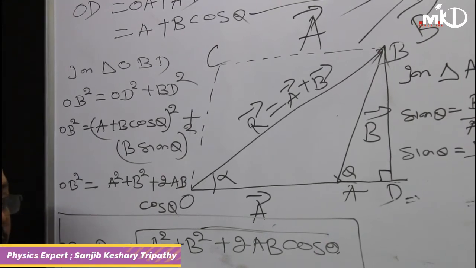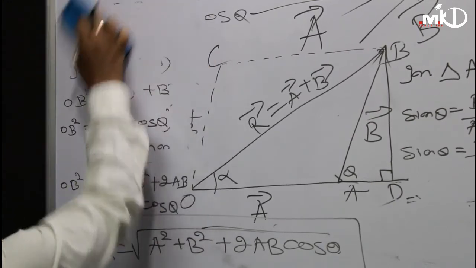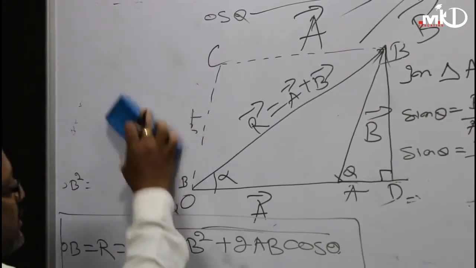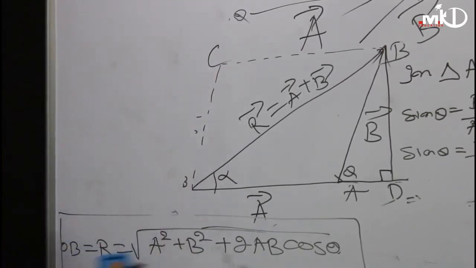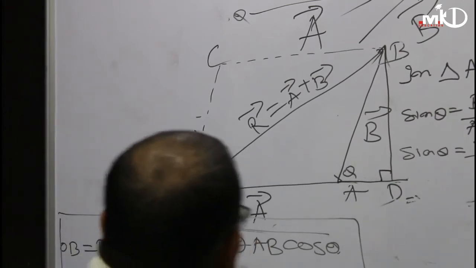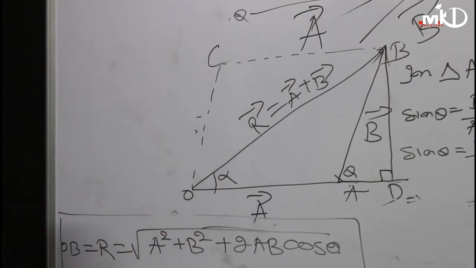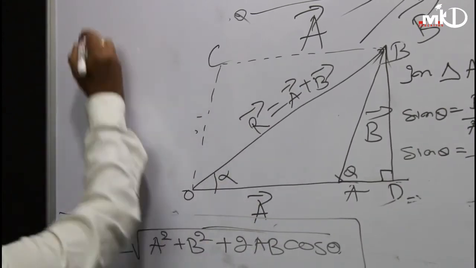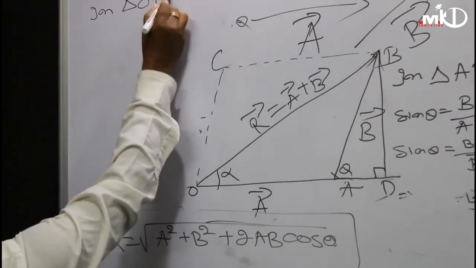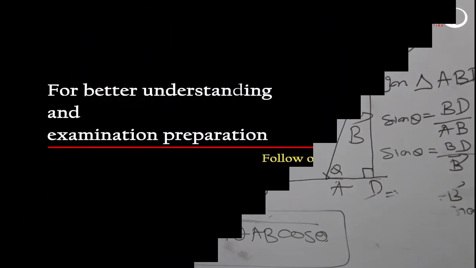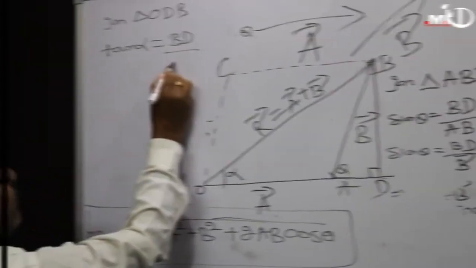Then we will switch over to how we find the direction. For the direction, we will consider the same right angle triangle ODB. In the right angle triangle ODB, tan alpha is equal to BD by OD.